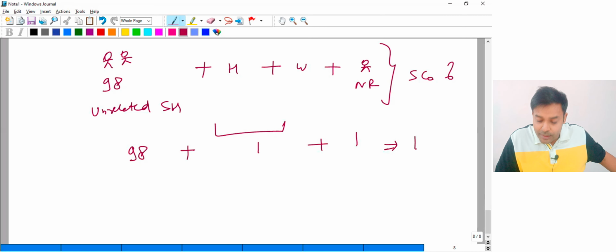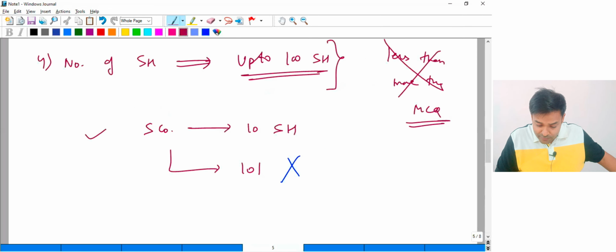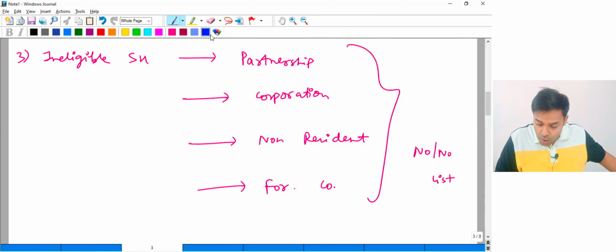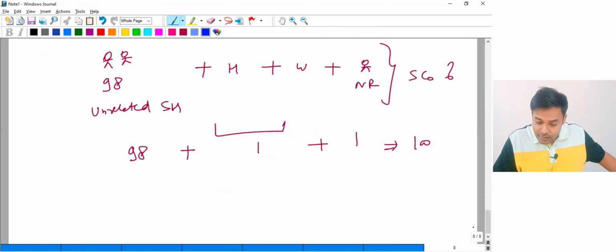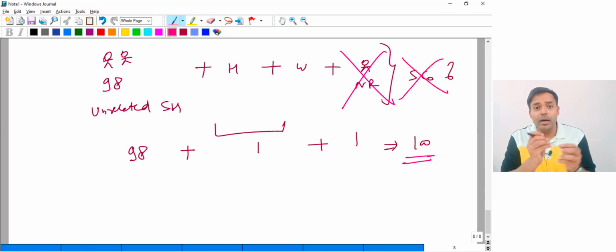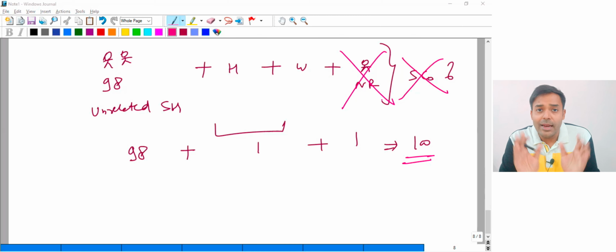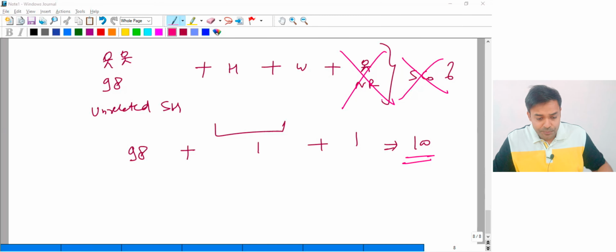So ideally it is okay, but no. We discussed in the ineligible category, everyone, non-residents are not eligible. So they are not going to be the shareholders. Hence, even if it is 100, it does not matter. You cannot be an S corporation, because you are inducting an ineligible shareholder. So not allowed.